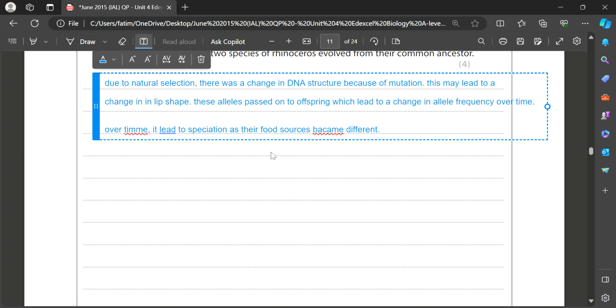Because now they probably occupy different niches, they're definitely going to eat different stuff, because they probably won't live in the same area.